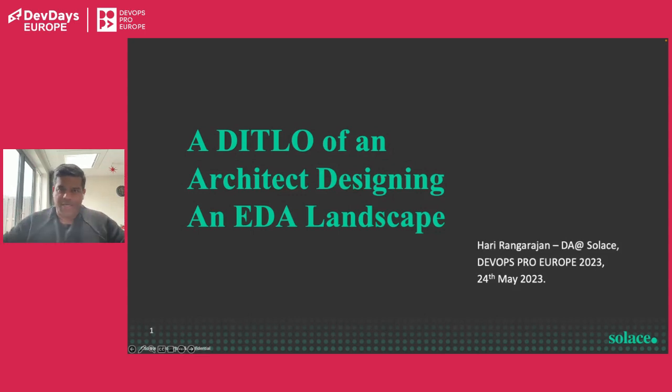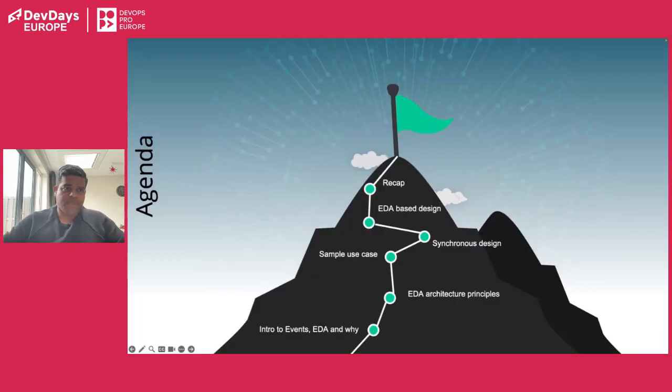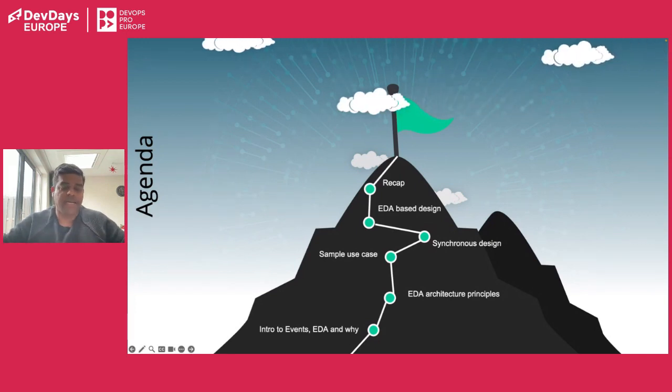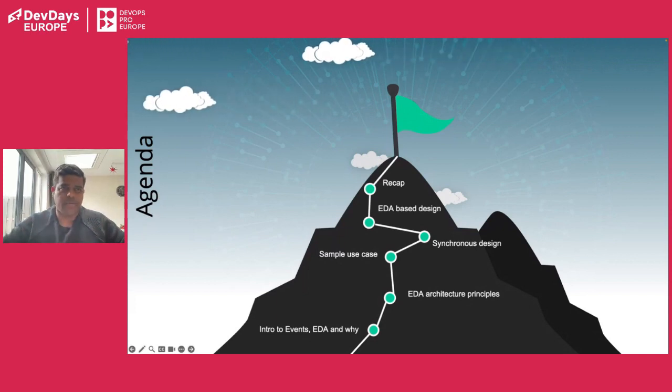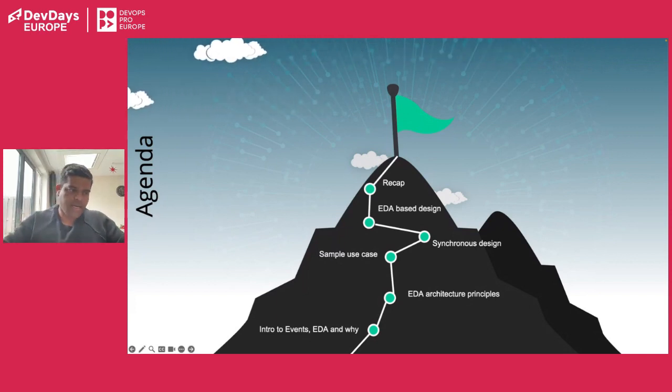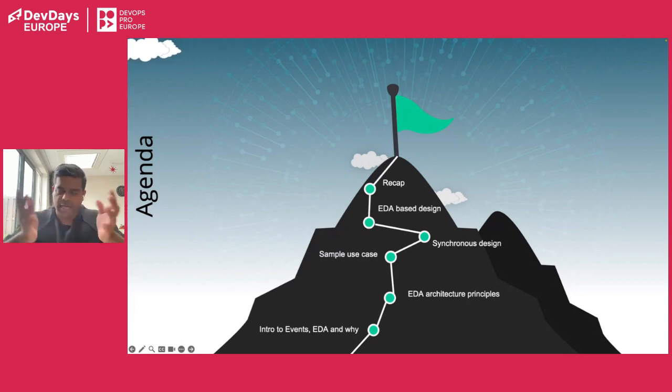So, my expectations on what I will be talking about today: a small introduction into what EDA is and why we should be doing it. I promise not more than 3, 4 slides. Then we'll get into the meat of things. We'll talk about EDA architecture principles, the thought processes that have to evolve to work with EDA, and how you get into your EDA journey.